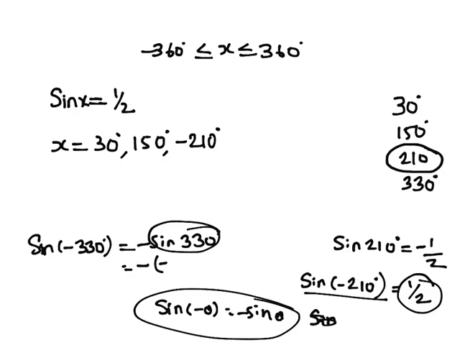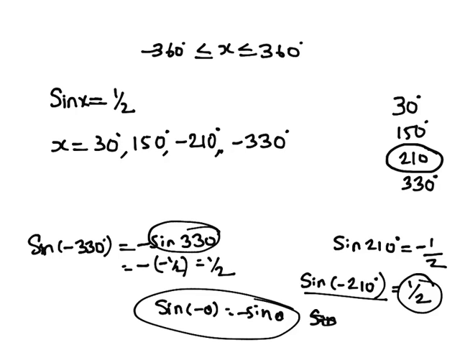So minus of minus half is equal to again plus half. That means minus 330 degrees will also give you the value of half. So for sin x equal to half, these are the four solutions: 30 degrees, 150 degrees, minus 210 degrees, and minus 330 degrees.